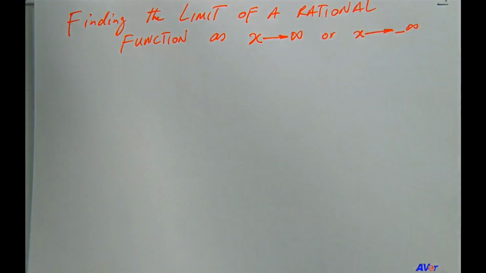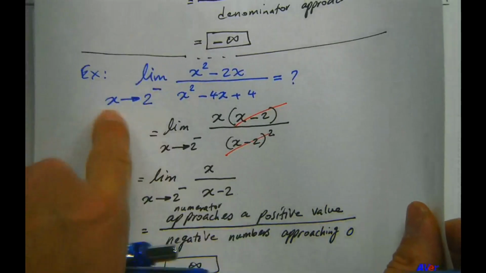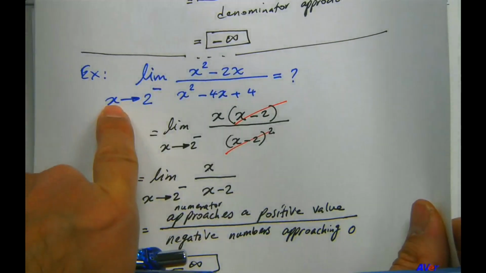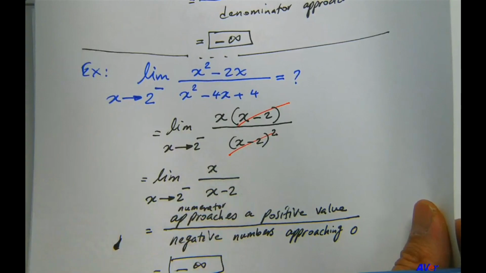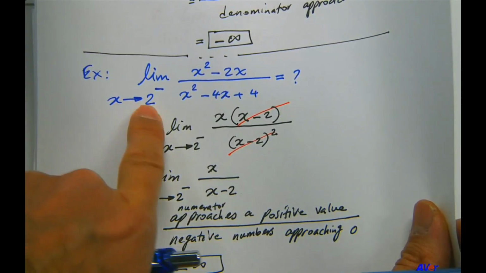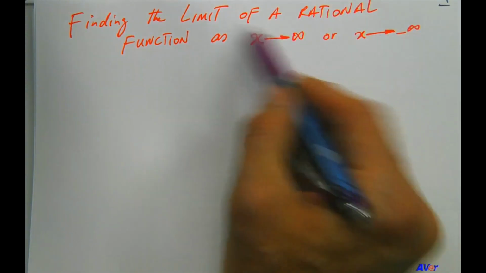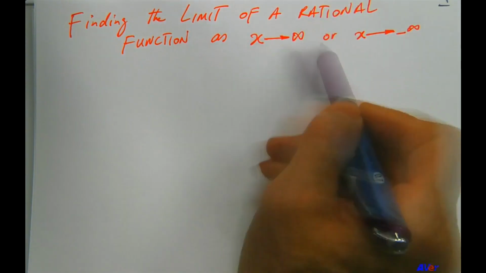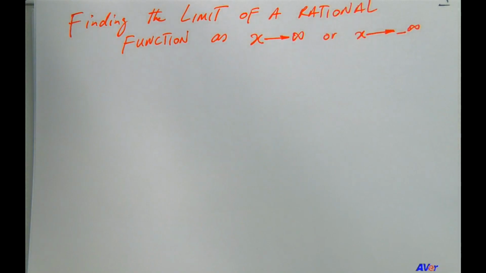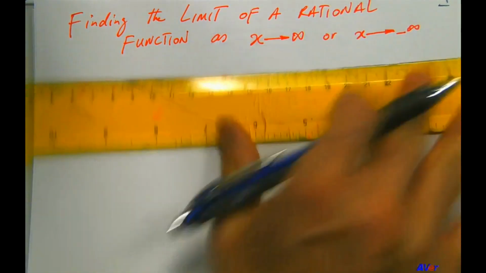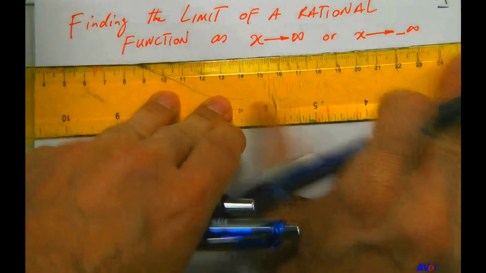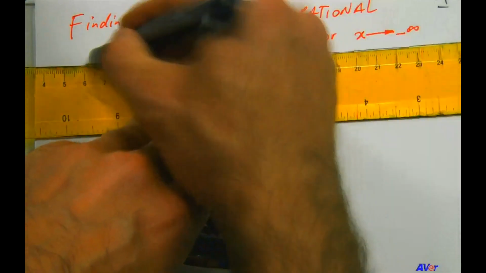Okay, remember that this one was a constant, right? In that case, we looked at what happens when the limit is infinity, but because x was approaching a constant value. But here, we're looking at the limit of a rational function as x approaches infinity. So we're going to look at techniques we can use to find such limits.